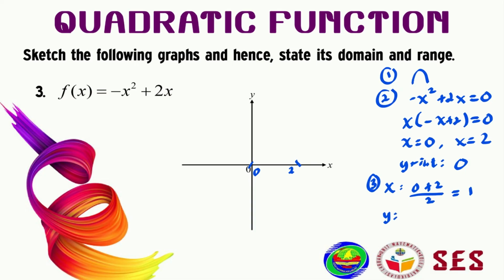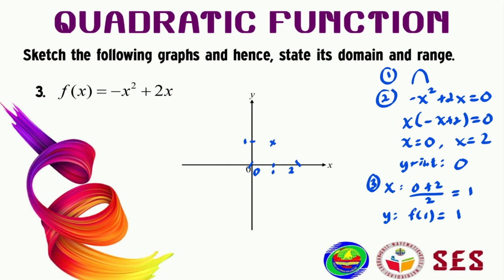So we just substitute 1 into f, and we should obtain 1 as well. So this is 1 here, this is 1, so we've got everything. Please label the maximum point here.